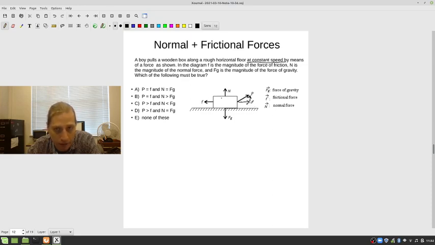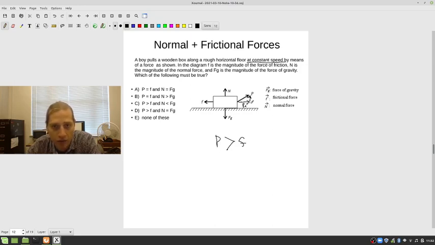Now, if these forces are balanced, it means that the x component of P has to equal F. But if just the x component of P equals F, that means that P has to be greater than that frictional force. Why? Because only part of it is already equal to it, so the whole thing has to be bigger.